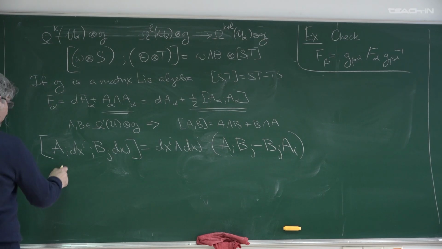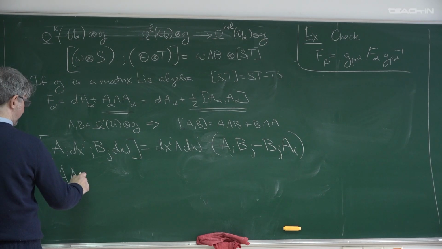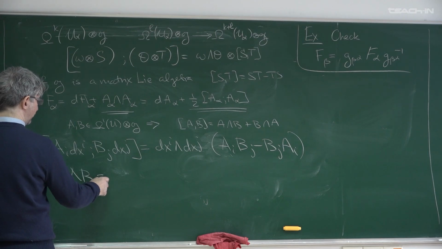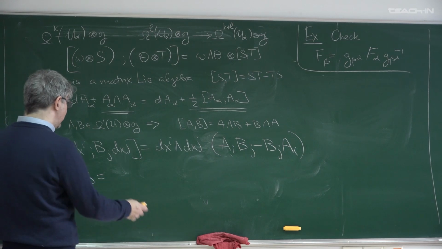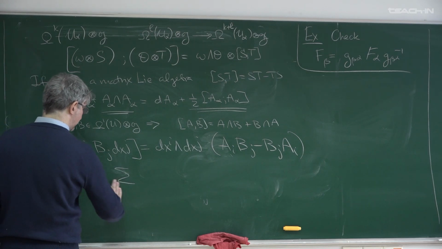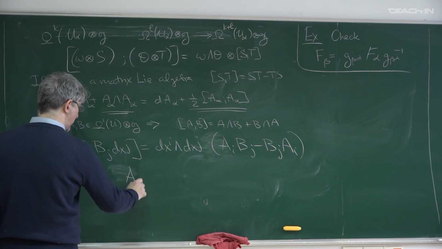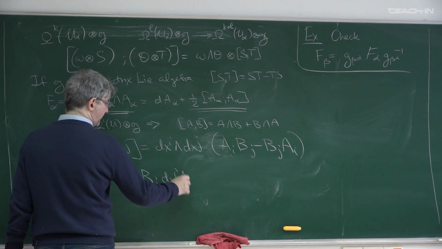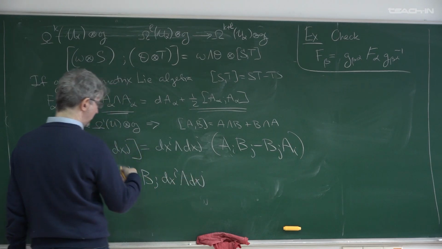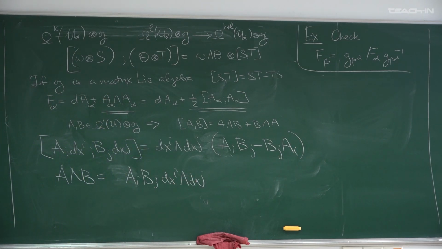Okay, now let us consider the wedge product of these two one-forms. This is quite simple. The same: a_i b_j dx_i dx_j. The sum goes over all indices, so no problem.